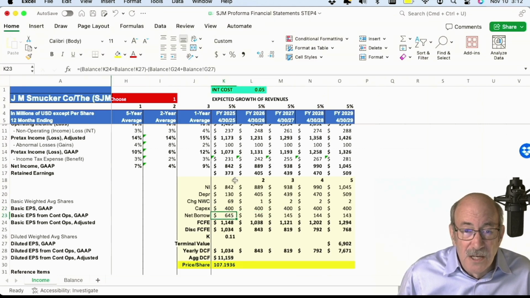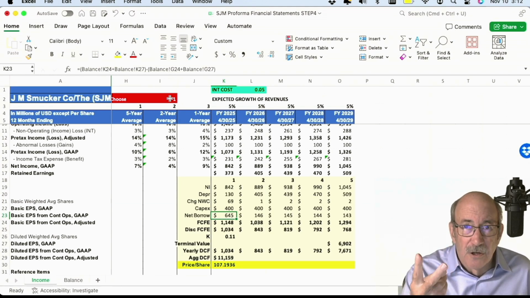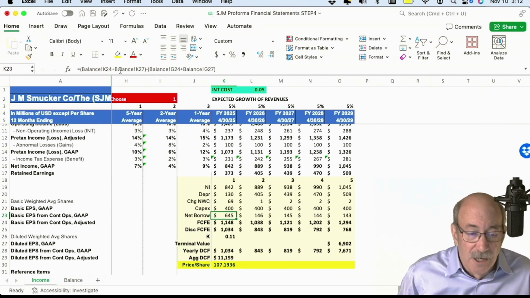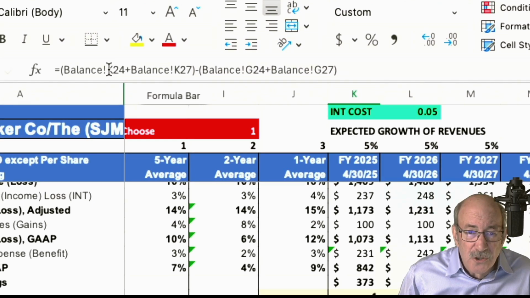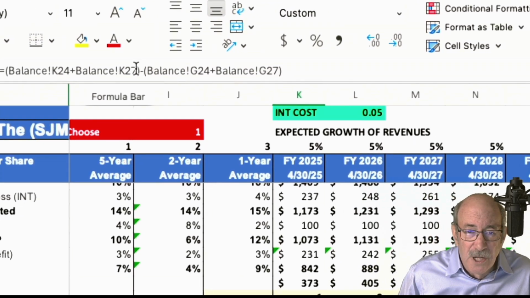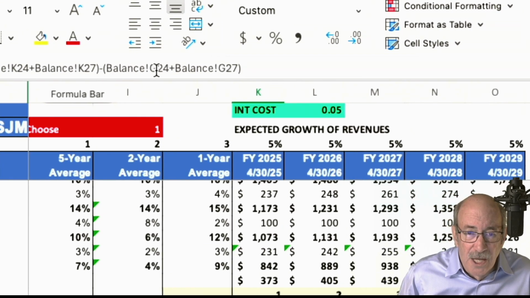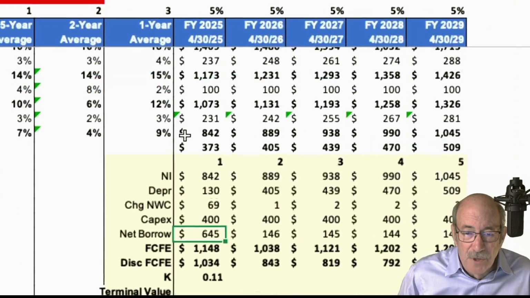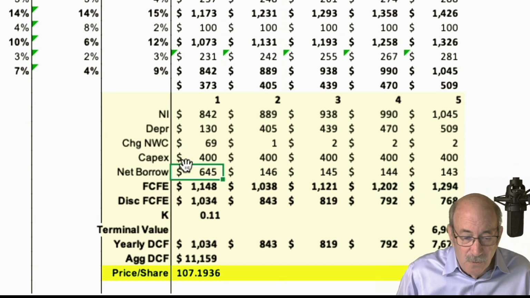And then finally, net borrowing is both the short-term and the long-term debt changes. So here I have my new short-term debt plus long-term debt for 2025 minus the short-term debt and the long-term debt for 2024. And that becomes my net borrowing. So I borrowed $645 million in 2025.